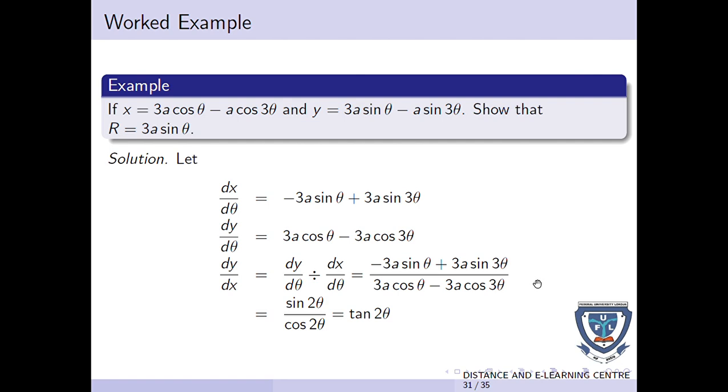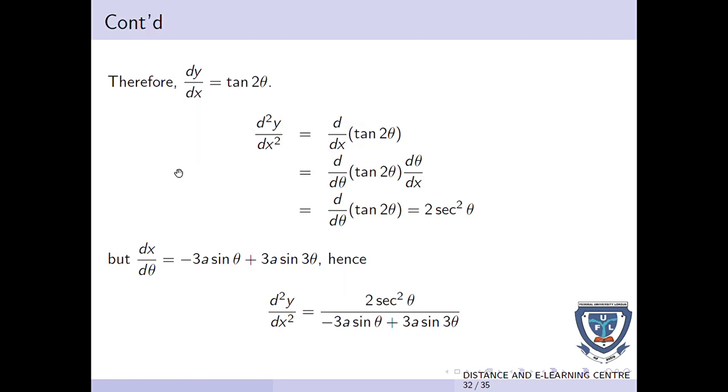Then dy/d theta will give us 3a cos theta minus 3a cos 3 theta. Then dy/dx will now be dy/d theta times d theta/dx, which is dy/d theta divided by dx/d theta. And if you do that, you're going to have sin 2 theta over cos 2 theta, which is tan 2 theta. Therefore, dy/dx is tan 2 theta.